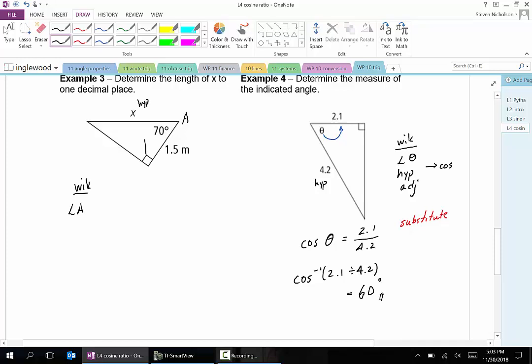Again, there's the hypotenuse. It's across from the 90 degree angle. I know the hypotenuse, and this side right here is adjacent. It's adjacent to the angle. And again, no surprise today, adjacent, hypotenuse, those are the words in our cosine formula.